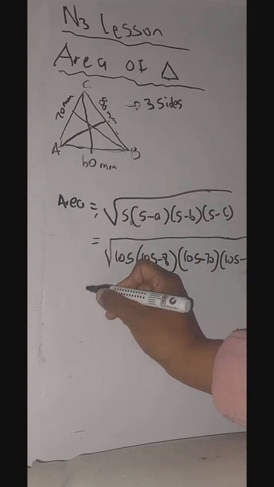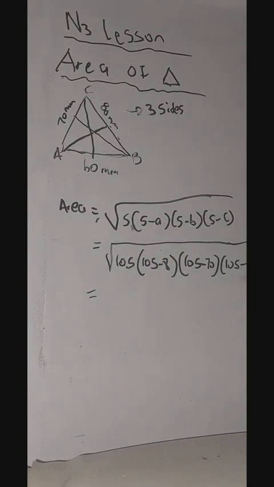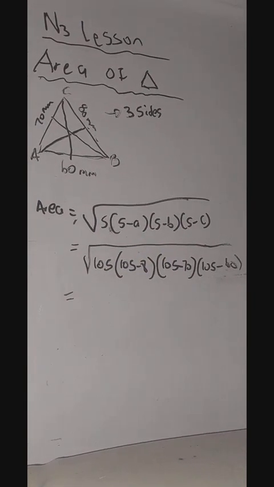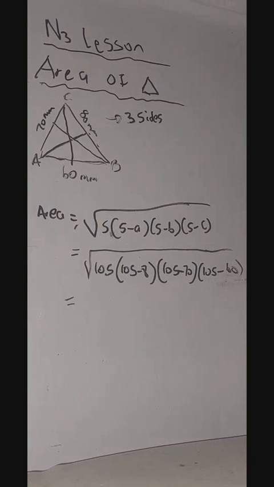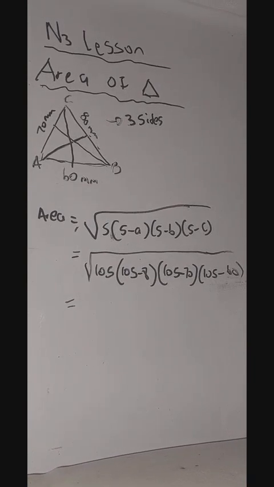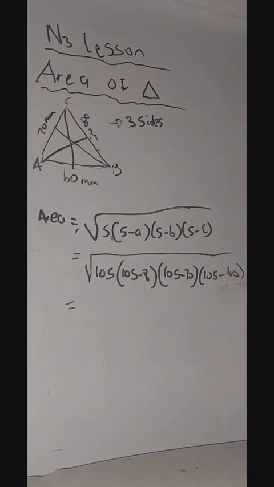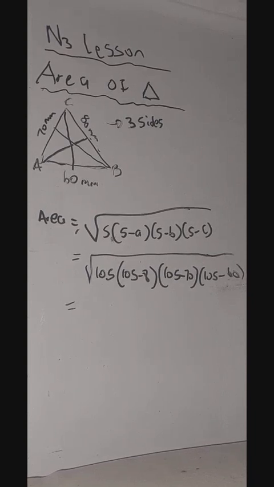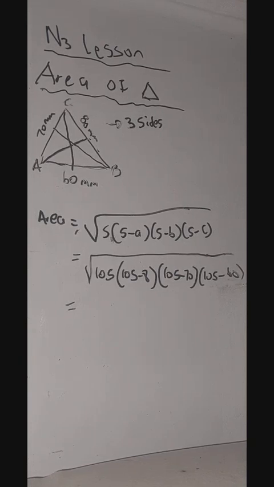Find the square root of everything. So 105 times 105 minus 80 times 105 minus 70 times 105 minus 60.